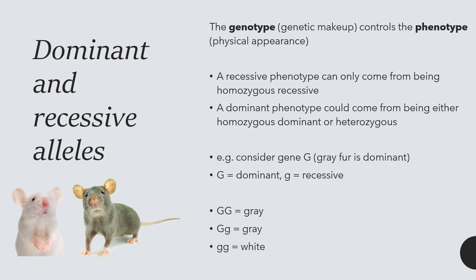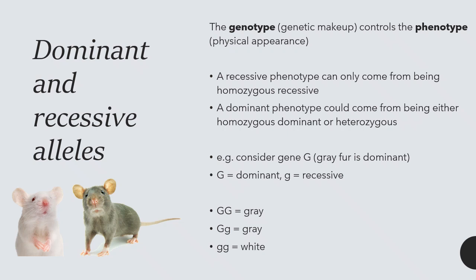Let's quickly recap some of the important information we looked at in the monohybrid cross video about dominant and recessive alleles. Remember that genotype, genetic makeup, controls phenotype, physical appearance, in that we can only observe a recessive phenotype in homozygous recessive individuals. If there are either 1 or 2 dominant alleles, the dominant phenotype will be shown.